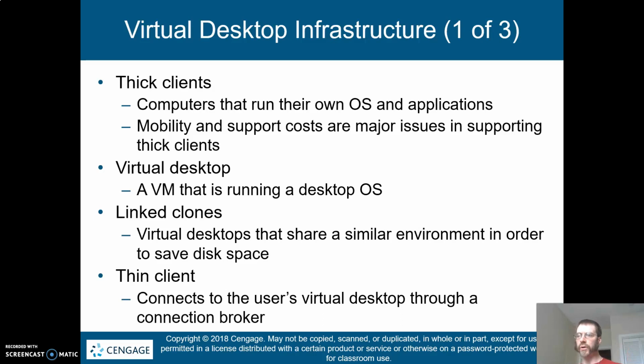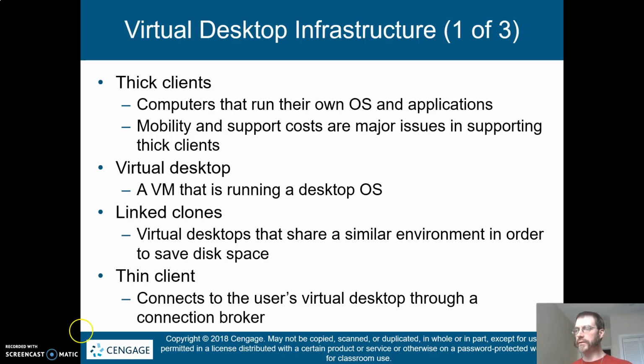A linked clone, on the other hand, you have a whole bunch of virtual desktops which are more or less similar to each other, and then there's a file that will tell the hypervisor what changes to deploy for a specific user or a specific context, so that they take that linked clone and they change it a little and they deploy that. So you've got this base image and then the set of modifications you can make to it, and that's what we call a linked clone.